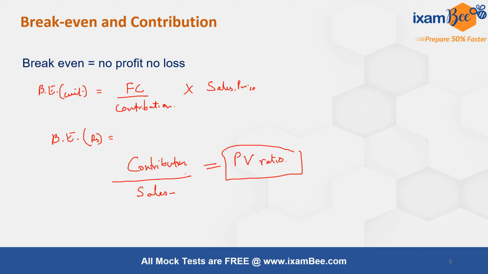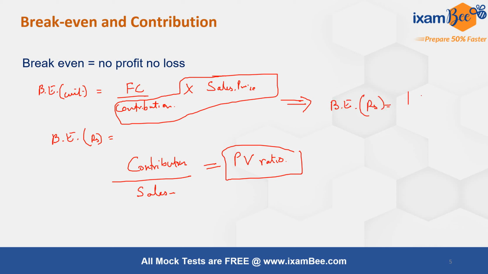This PV ratio is another very important ratio in break-even analysis and marginal costing numericals. Now PV ratio is basically depicted by contribution by sales. Having said that, my break-even sales formula is actually the reverse, sales by contribution. If I look at this part, it is the reverse of this particular ratio, which gives me another formula used in the numericals: break-even sales in rupee terms is my fixed cost divided by PV ratio.